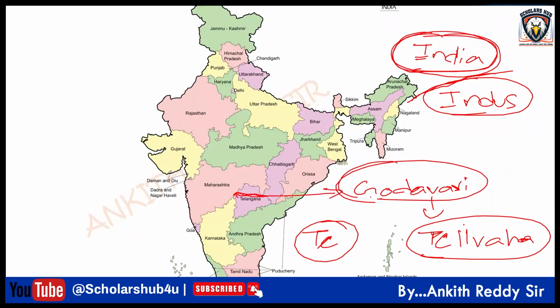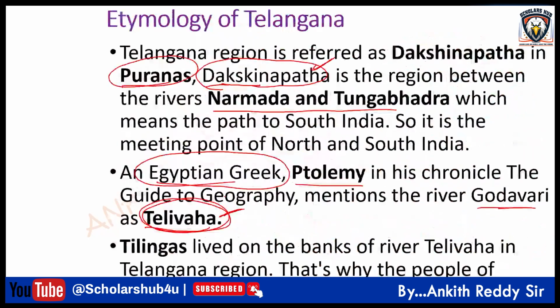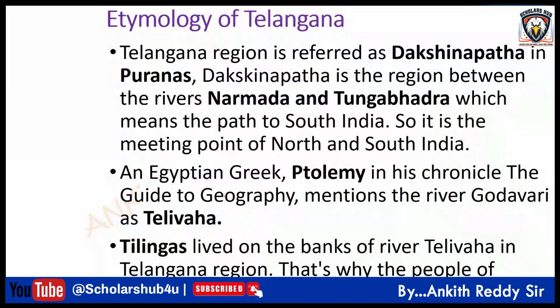So the people who are living on the banks of the river in that region, the old name of Godavari is Teliva. So that's why the people are called Telangana. The region is called Telangana. Got clarity? Yes, sir. Okay, please, whenever I pose a question, please respond.